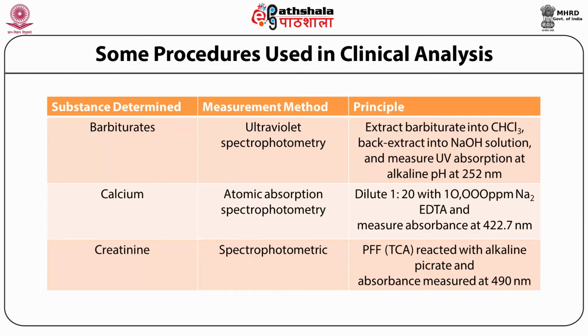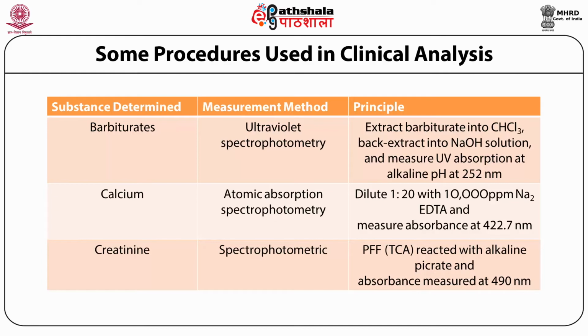Then the second one is the calcium ion, which is determined by atomic absorption spectrophotometer using the method of 1:20 dilution with 10,000 ppm of disodium salt of EDTA and measuring the absorbance at 422.7 nanometer.